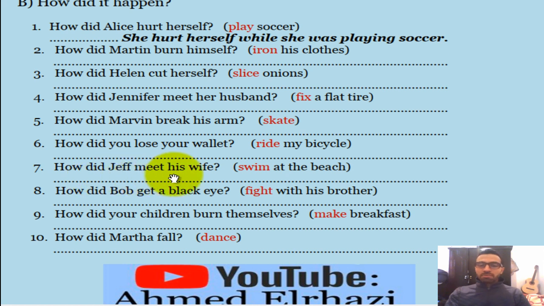How did Jeff meet his wife? Swim at the beach. How did Bob get a black eye? Fight with his brother. How did your children burn themselves? Make breakfast. How did Martha fall? Dance.